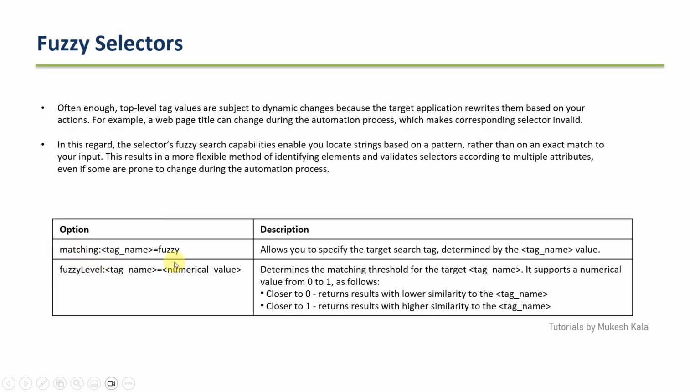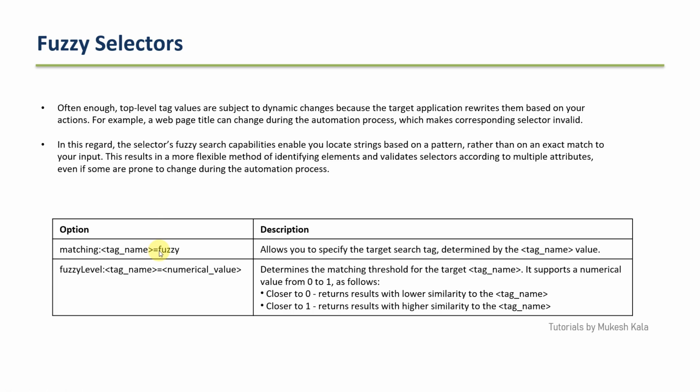So this is a tag name. If you say that matching is equal to fuzzy, you are instructing the UiPath robot to determine this tag name, which can be anything, as I'll show in the example, using fuzzy matching.